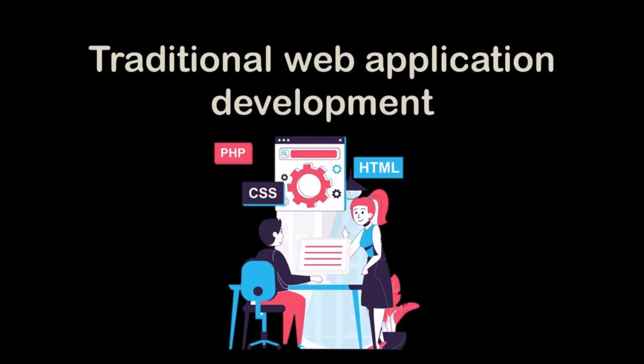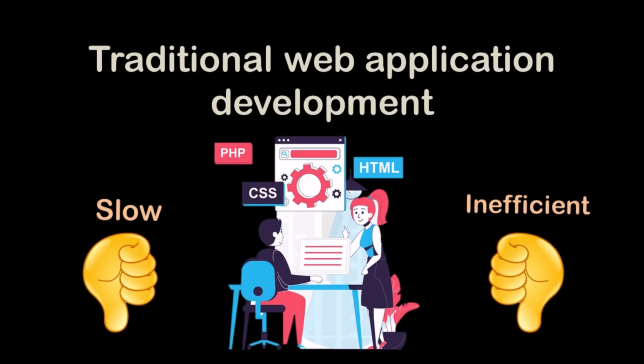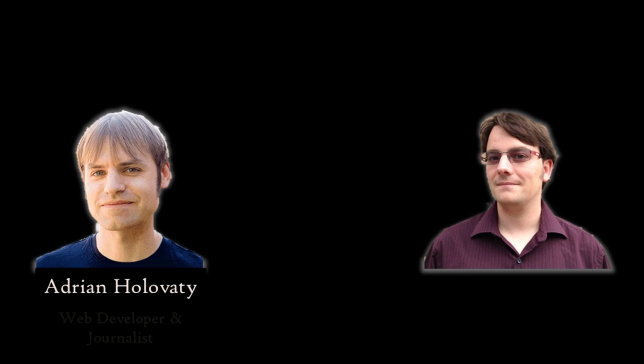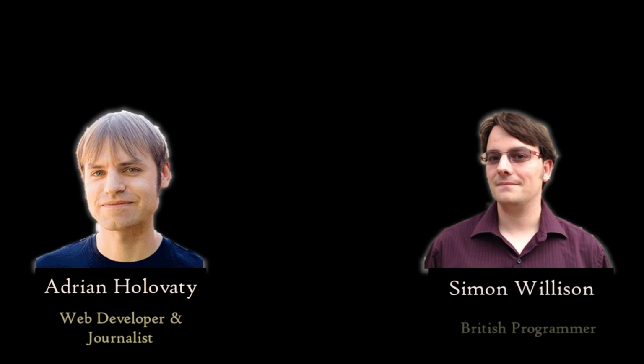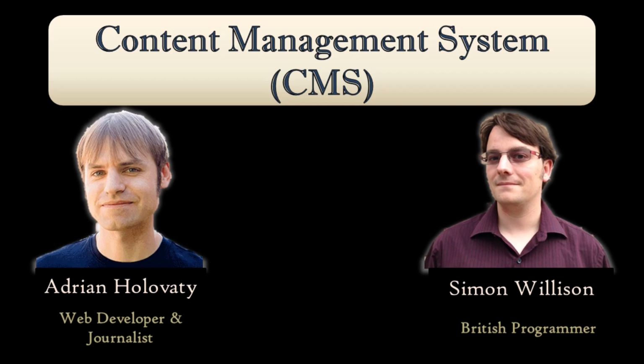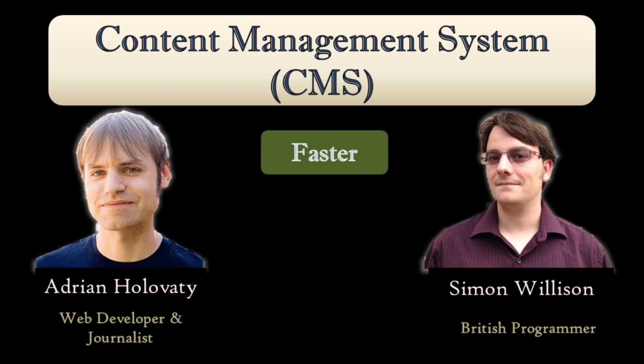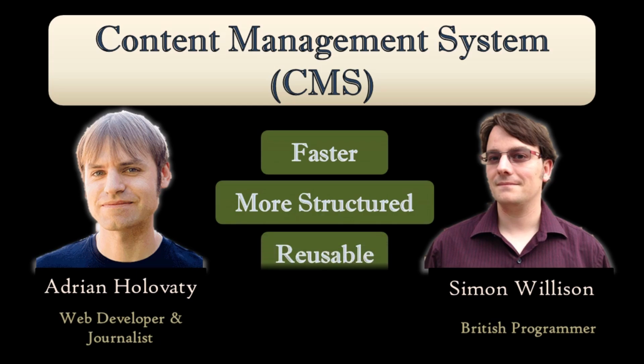Traditional web development was slow and inefficient, so two talented developers, Adrian Holovaty, who was a skilled web developer and a journalist, and Simon Willison, who was a British programmer, decided to create a content management system, CMS, that would make web development faster, more structured, and reusable.